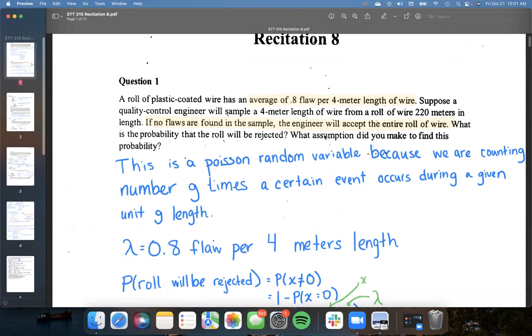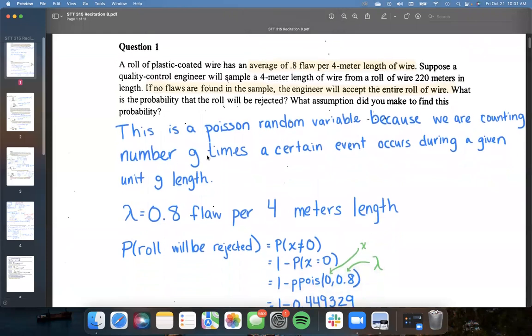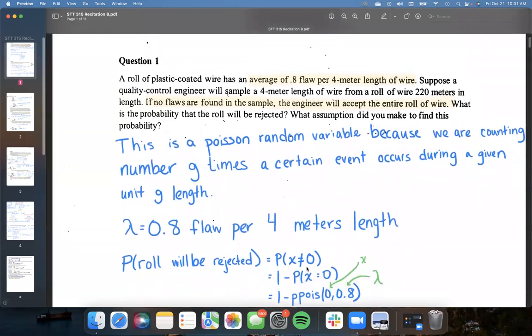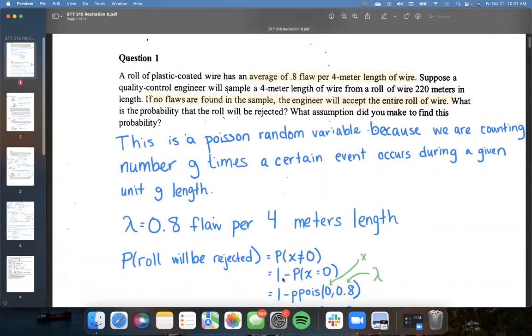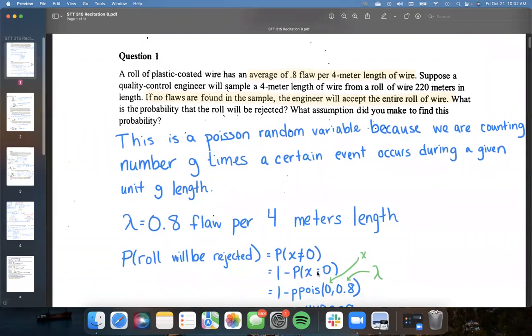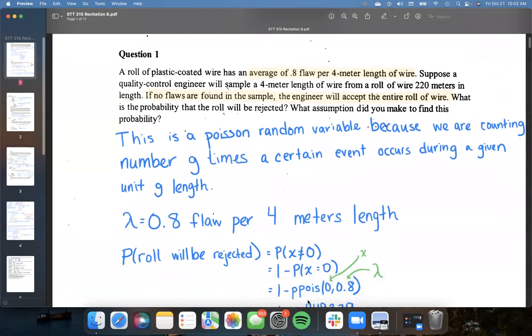So we're interested in the probability that x does not equal 0. That equals 1 minus the probability that x equals 0. Since we're in a Poisson setup, we can use R and the PPOIS function.